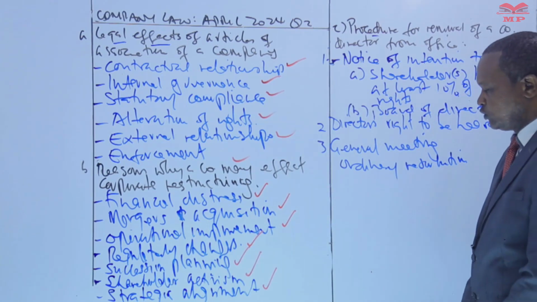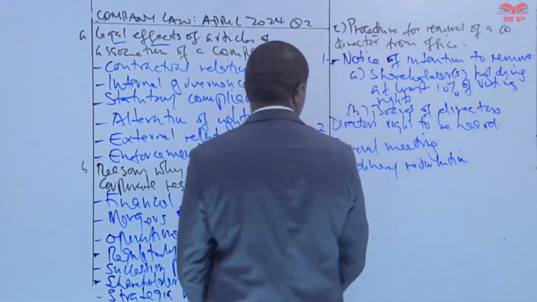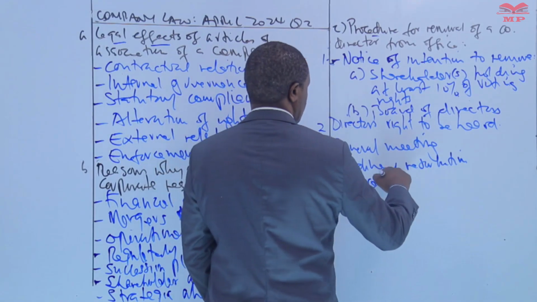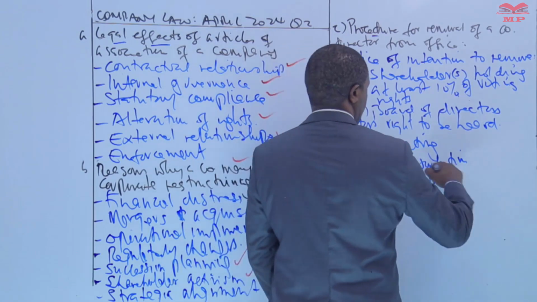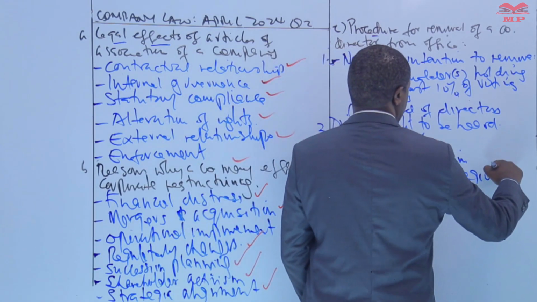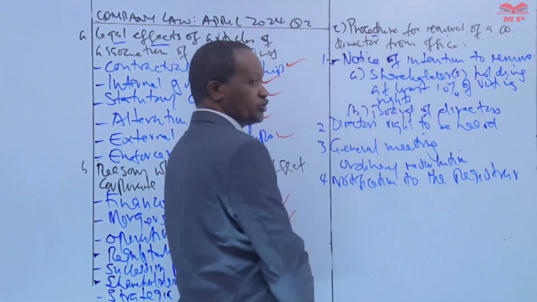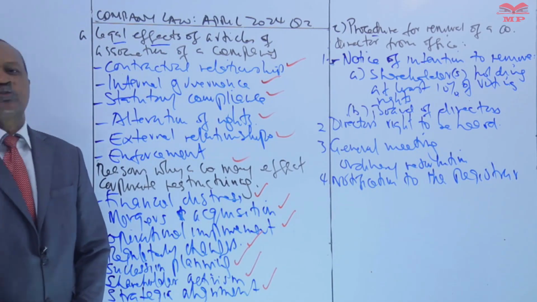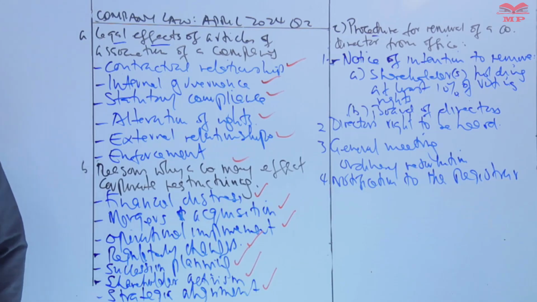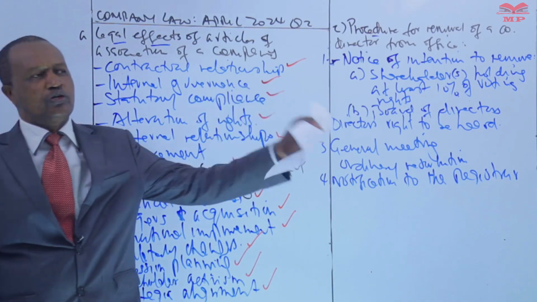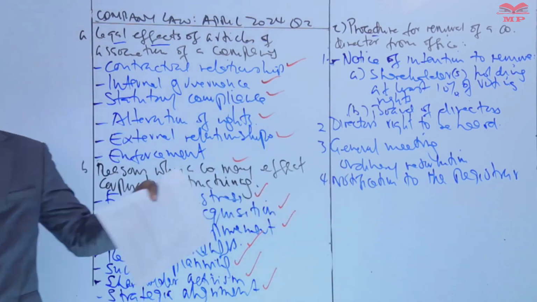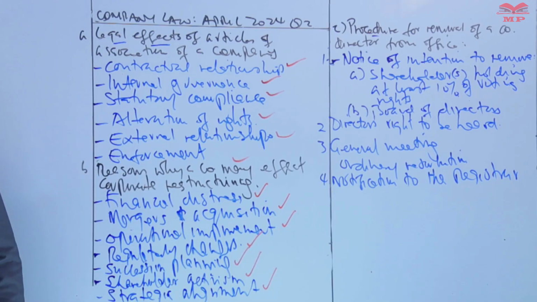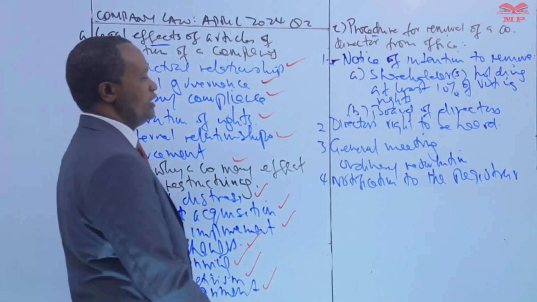Then after the resolution, there is notification that has to be made to the registrar. The registrar has to be notified. The company must notify the registrar of companies of the director's removal within 14 days of the resolution.